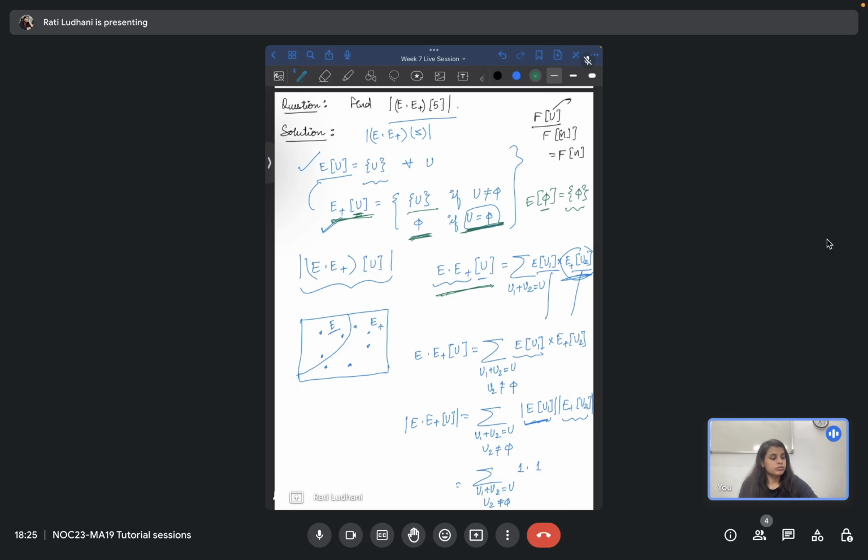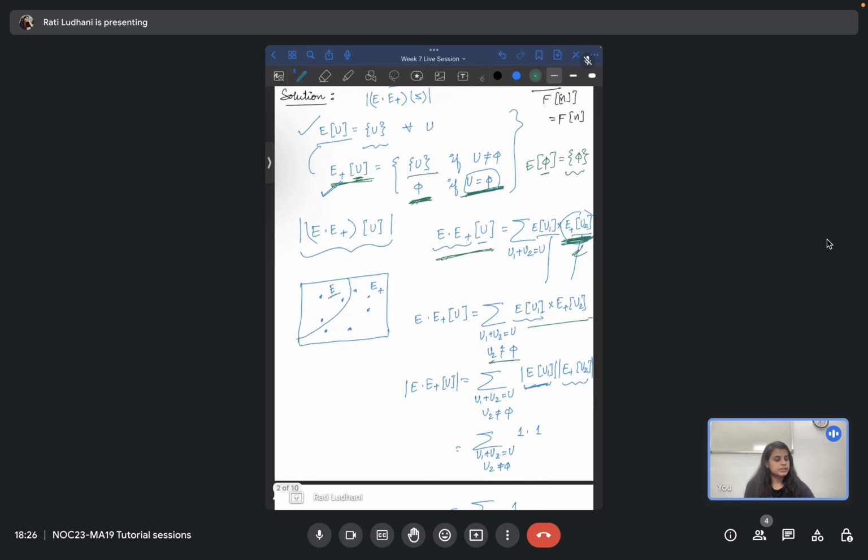Now you know that E plus of phi, if you take U2 to be phi, is going to be the empty set. Then in the cross product, in this ordered pair, you will get nothing, because this is empty. So you can remove the possibility of U2 being empty. So I have just considered U2 not equal to phi. Now you take the sum.